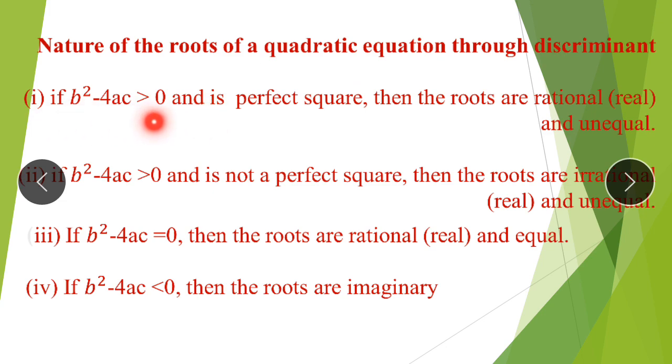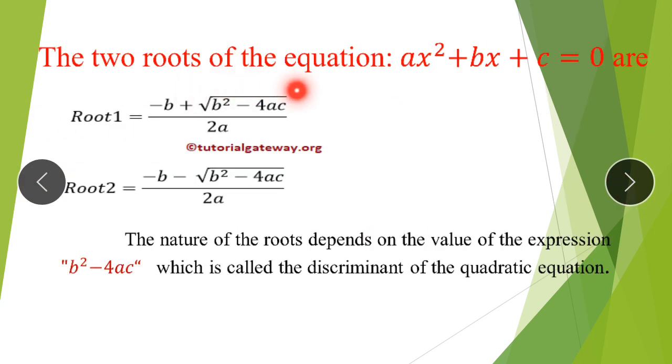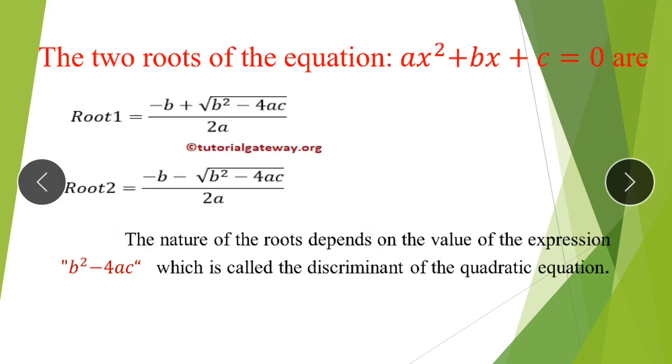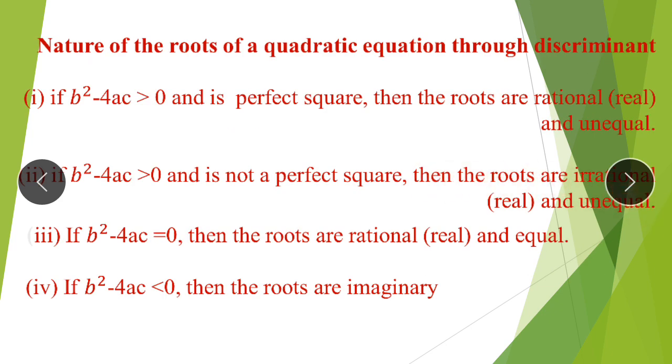If the discriminant is greater than 0 and is a perfect square, it means if this expression is greater than 0 and is a perfect square, the roots will be rational, meaning the roots can be written in fraction form. If the discriminant is greater than 0 and is not a perfect square, if here is written a number like 2, then 2 will result in an irrational number, therefore the roots will be irrational and unequal due to the plus and minus sign.